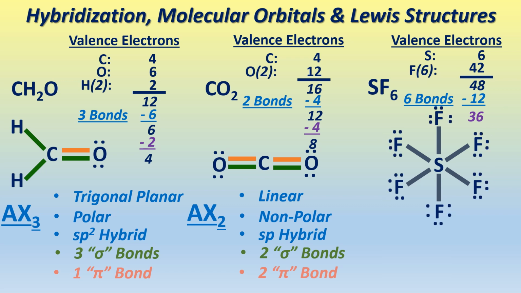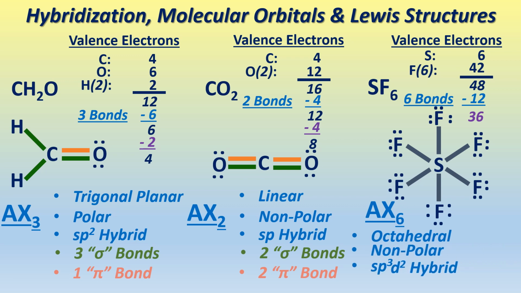You have a Lewis structure that you've already seen in previous videos as a form of AX6, which means it is octahedral. It is also nonpolar. In this case, I need 6 orbitals to hybridize. So that would be 1 s plus the 3 p's plus the 2 d's for an sp3d2 hybrid. Also, AX6 means that there are 6 sigma bonds, one between each fluorine and the sulfur, and therefore, as those are all of the bonds, there are no pi bonds.